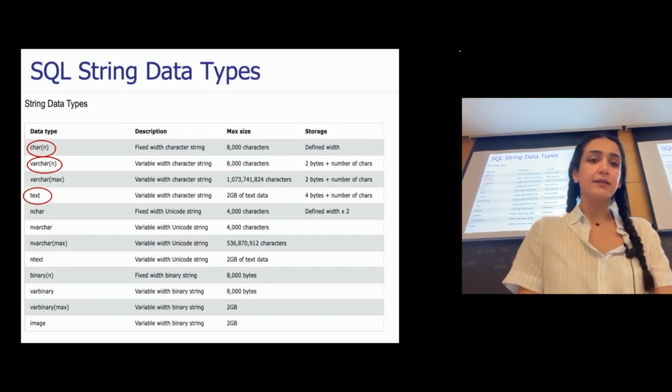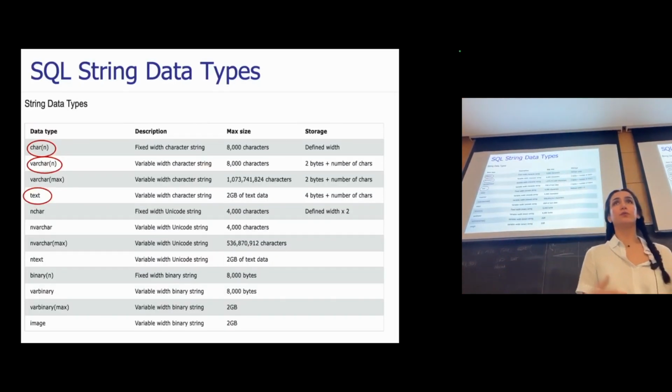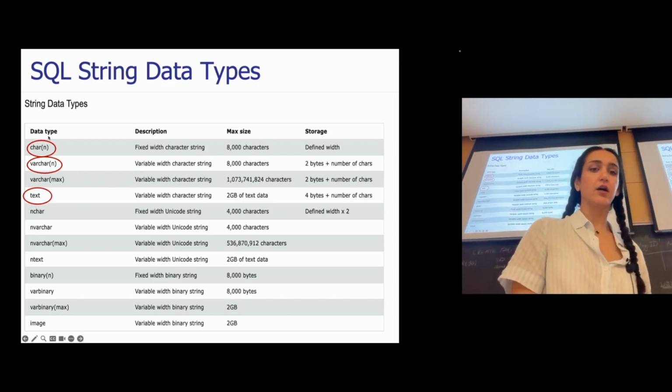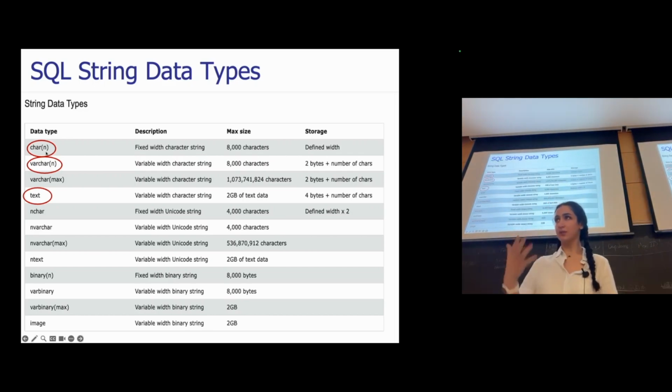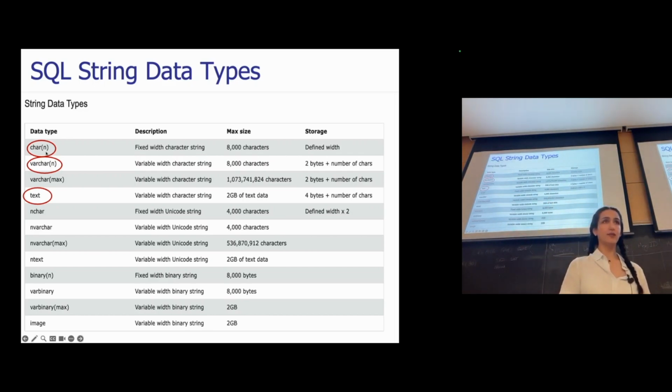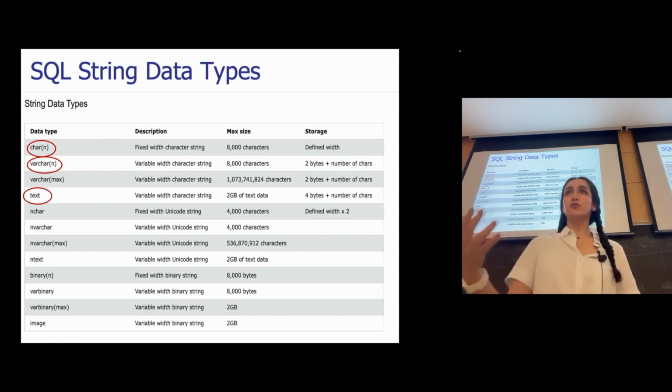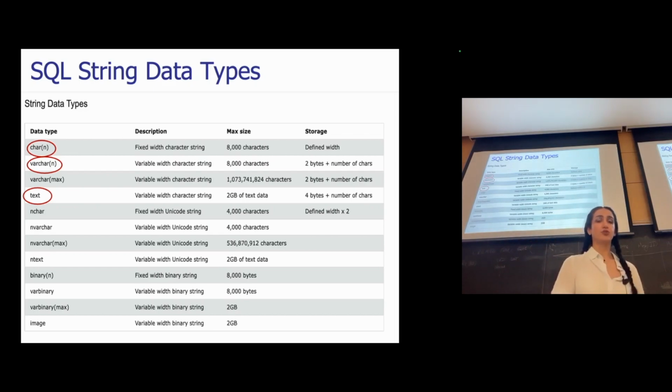There are some data types that you will probably, at least for this course, use more. These are char and varchar that I mentioned. The n in the parenthesis shows the maximum number of characters allowed, right? If it is fixed, like product number, student number, and so on, you can use char. You can still use varchar as well, but it's more efficient to use char.